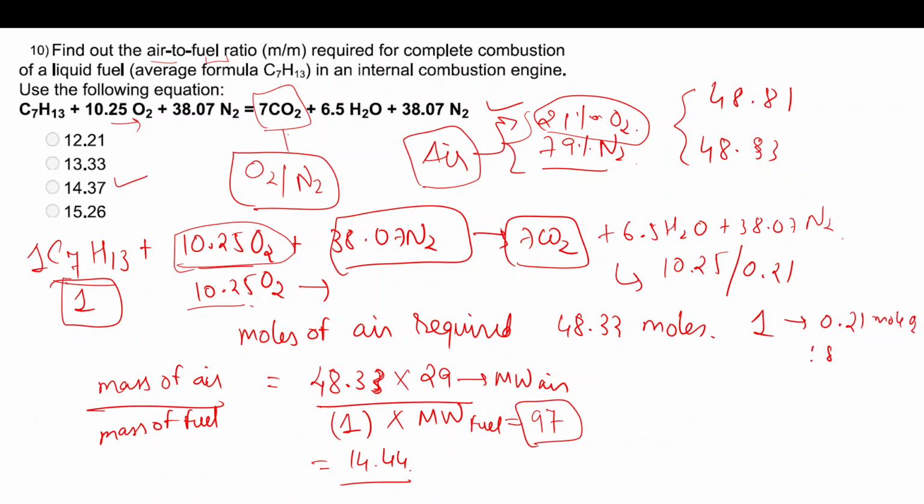So if you have 10.25 moles of O2, what will be the moles of air used? By cross calculation you will find the moles of air actually required. By finding that, you will be able to calculate the mass of air required for complete combustion of 1 mole of fuel. I guess I have explained properly.